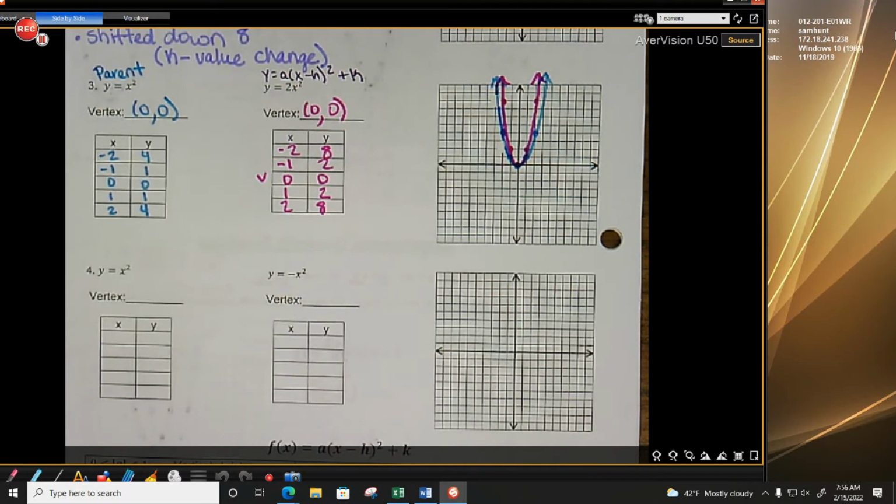So we are not going to say shift, because shift means that your vertex is moving. Okay? But it went inwards. It got narrower, skinnier. Okay? So what we call this is a vertical stretch.